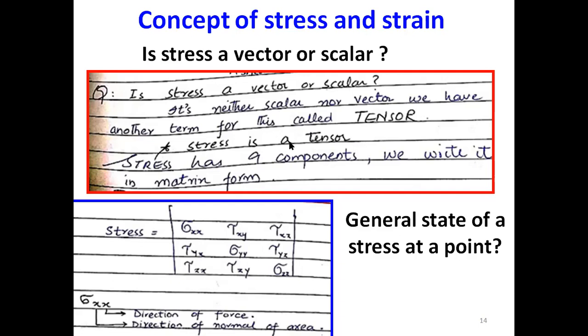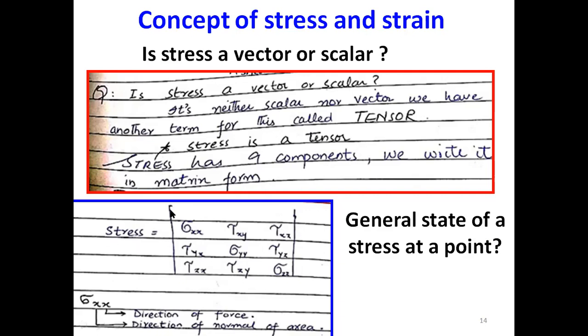Just remember that it is a tensor and stress has 9 components, and in order to write or describe or explain the general state of stress at a point within the material, we write it in a matrix form, such as you see here.